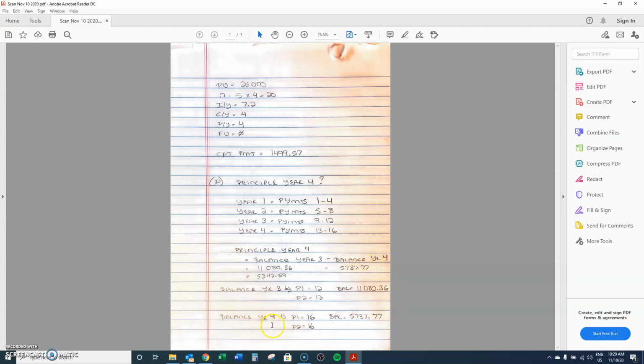Then we go back and we change our P1 and our P2 to 16 because that's the balance at the end of year 4. And that balance is 5737.77. So now the principal is just the balance at the end of year 3, which was here, less the balance at the end of year 4, and you get $5,342.59. So this should all be familiar.